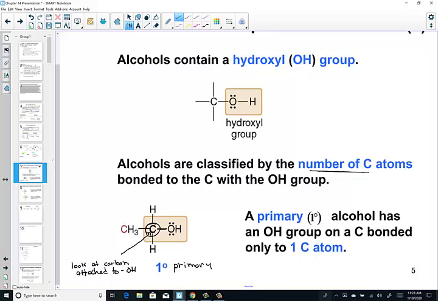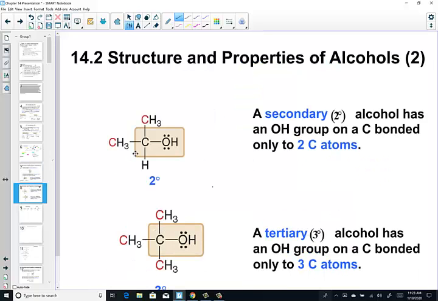We call that primary. If the carbon attached to the OH group is attached to two other carbons, we call that secondary. That's this guy. The carbon attached to the OH is attached to two other carbons as well. That's a secondary alcohol.